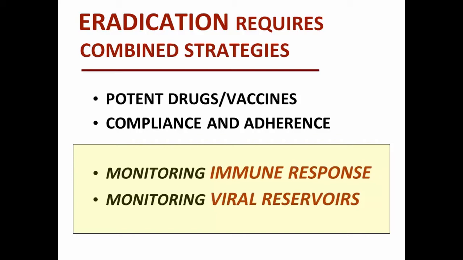The problem is that CD4 is not one type of cell. CD4 are a huge amount of cells of different types. So it means that within CD4 we have different types of cells that do different things. For example, we have cells that produce cytokines like interferon gamma, which are pro-inflammatory.